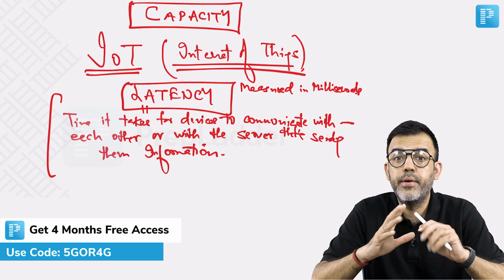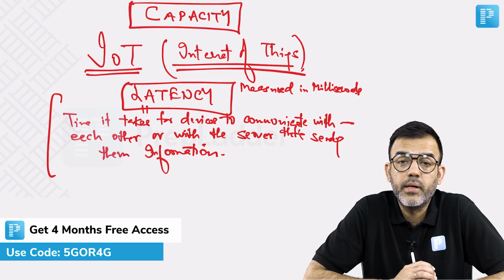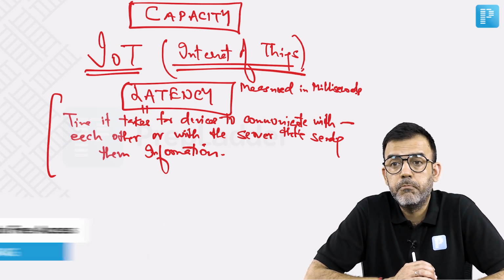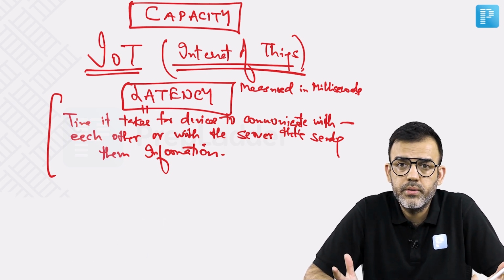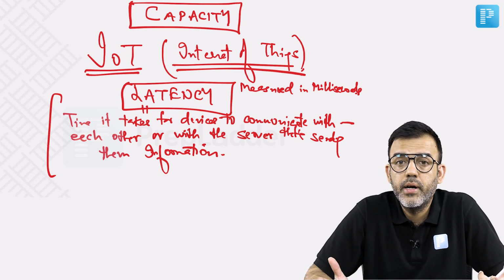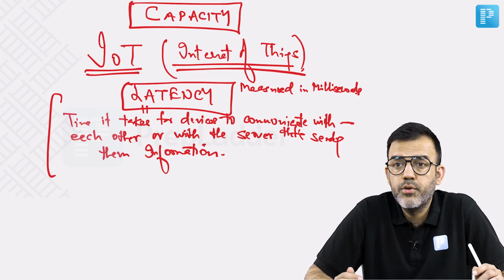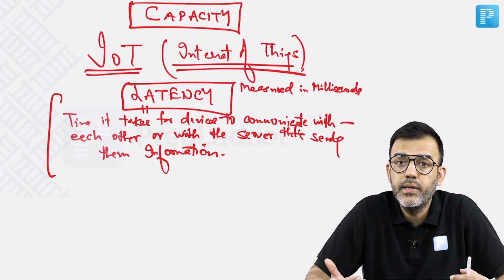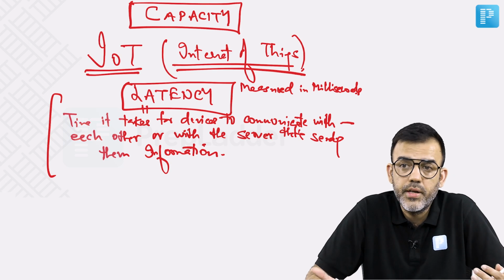And when in future we are planning to develop self-driving cars, imagine the kind of data, the kind of communication needs you will be having, and if there is latency, then it can be very disastrous.